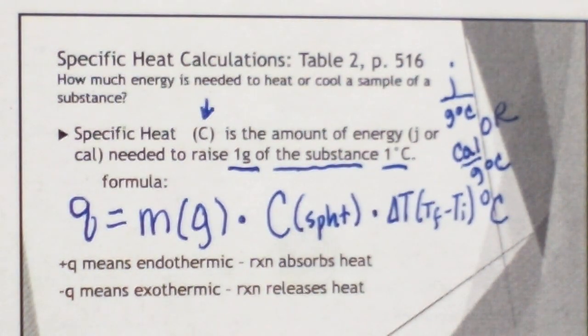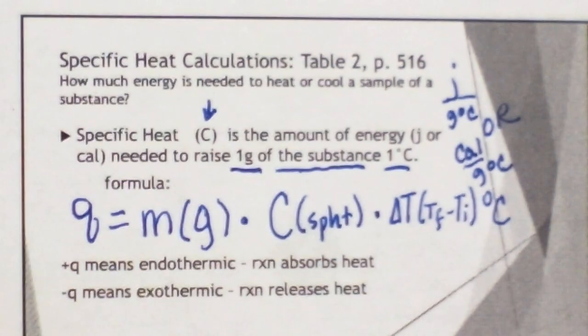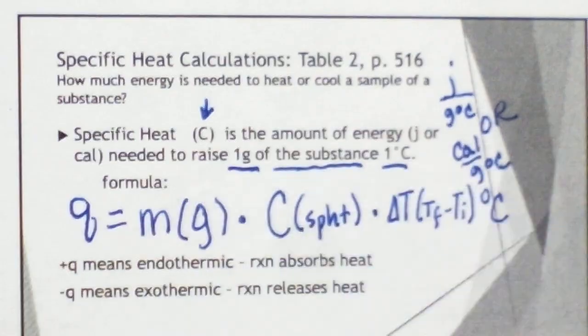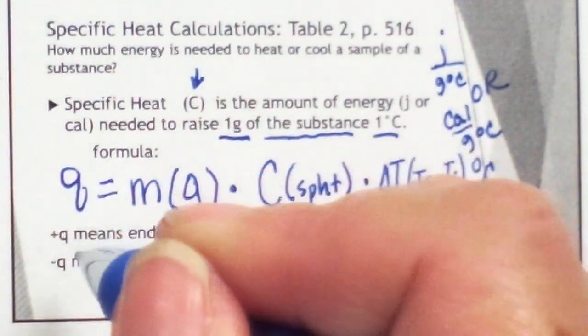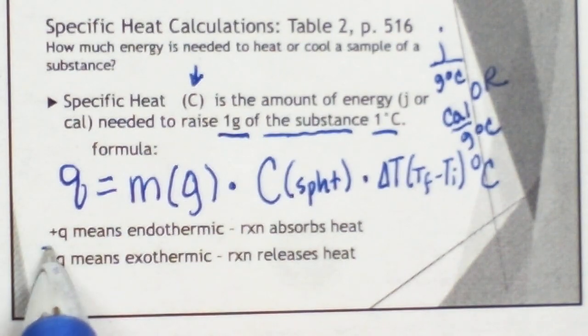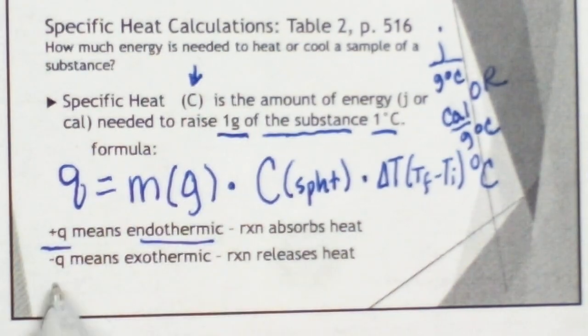Because you can either have joules or calories, and it depends on what you're working in, and the number would depend on whatever the substance is. Now, Q is going to be the amount of energy, and if it's positive, that means endothermic, right?